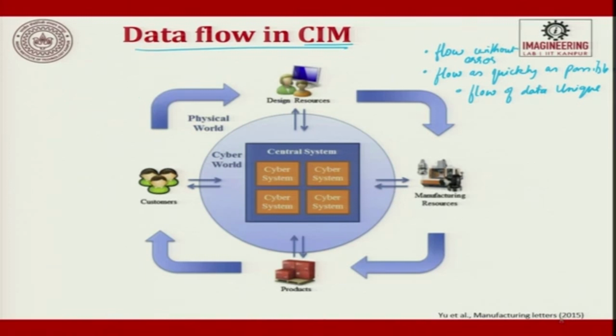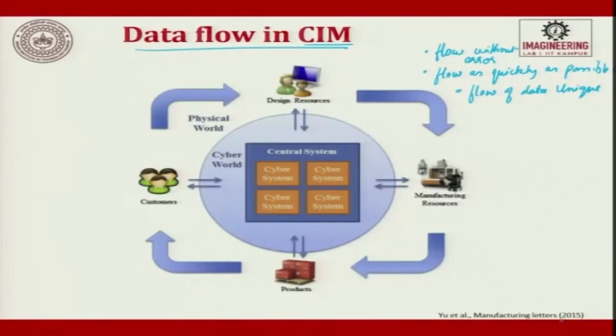Ten or fifteen years ago, when we tried to send a mail, the mail transmission was never 100%. Today whatever you send through WhatsApp or mail, it is 100%. Why? Because the data flow is now streamlined and the errors are being taken care of and rectified.